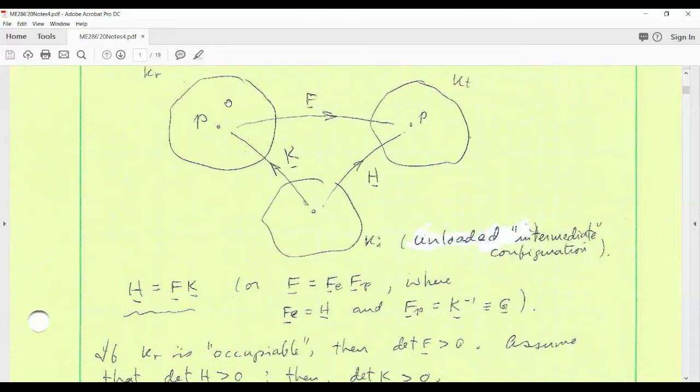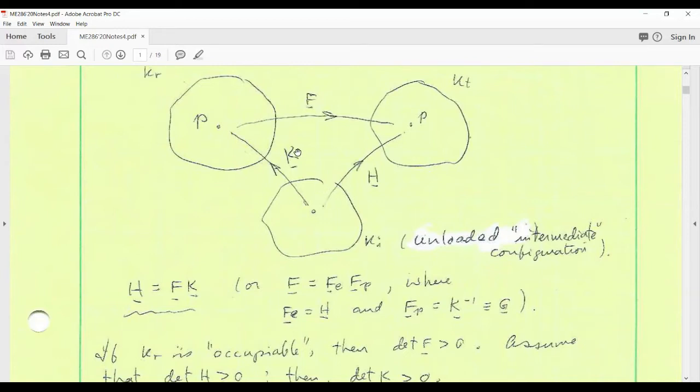This state is not related to the reference configuration that we choose for the purpose of analysis, right? For that, we need the deformation gradient to take us to the current configuration at a material point. To go from this intermediate state to the reference configuration, we need another map, call it K, which would be the inverse of FP.